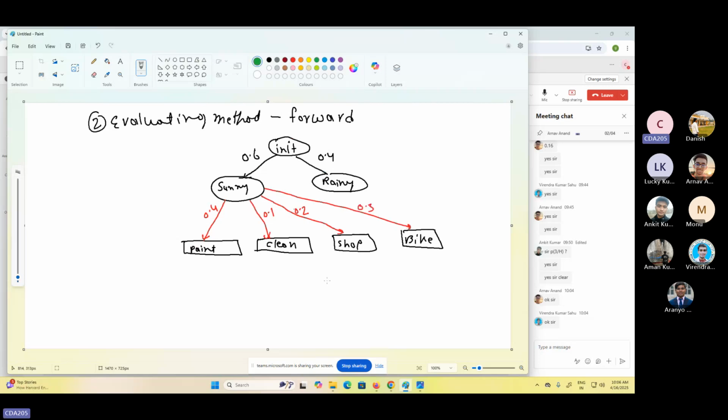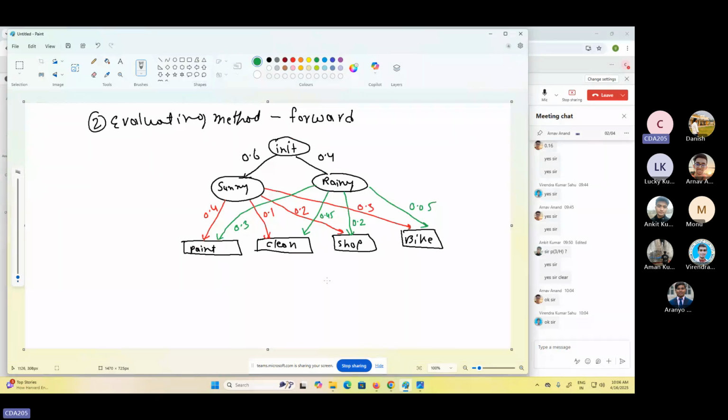Similarly, on the rainy day, what is the probability for paint? That is 0.3. Probability of cleaning, that is 0.45. What is the probability of shopping on a rainy day? That is 0.2. And what is the probability of biking? That is 0.05.